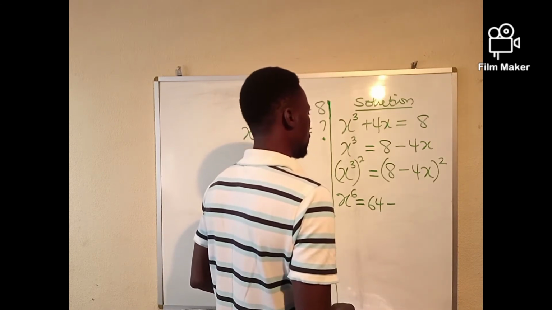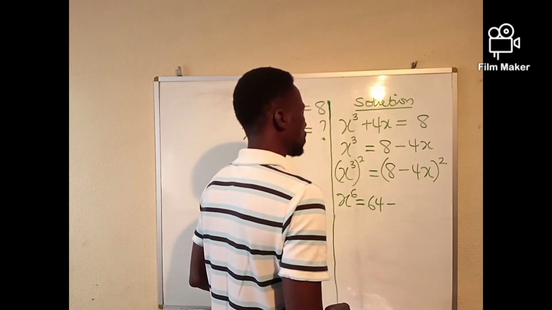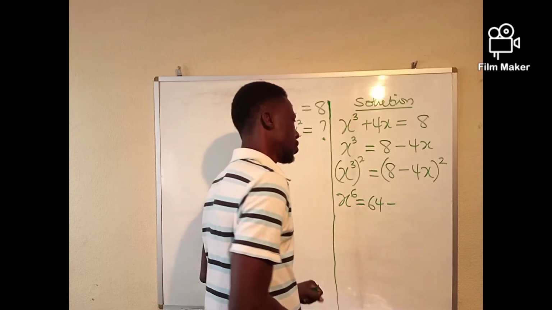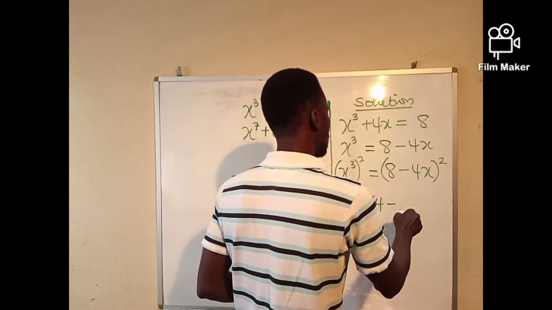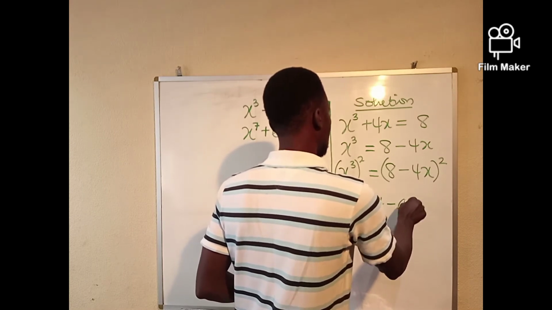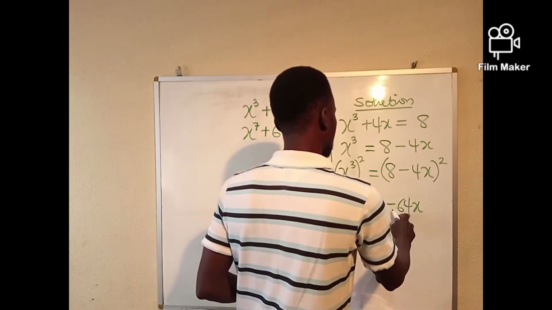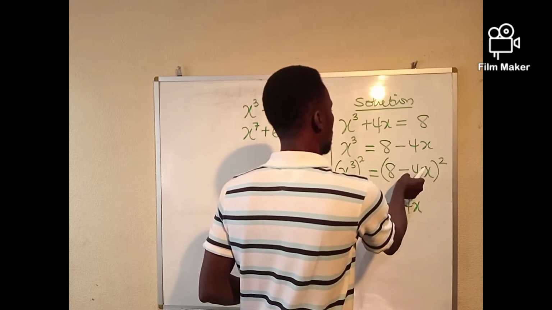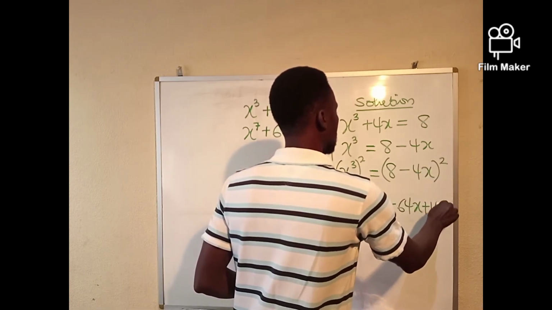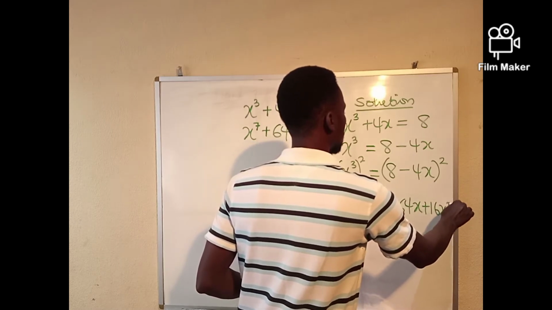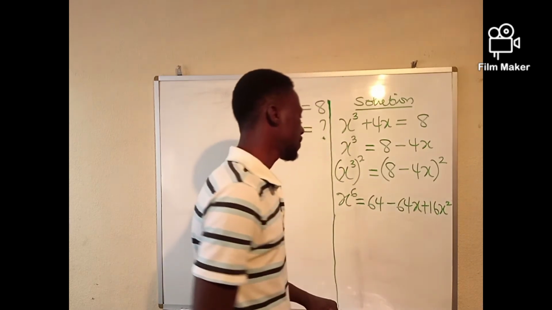That is 8 times negative 4 is negative 32. Twice the product of this and this will give us negative 64x. If we square negative 4x, we shall have plus 16x squared. So this is what we have.